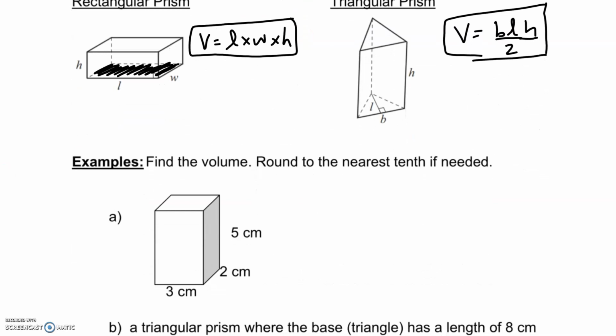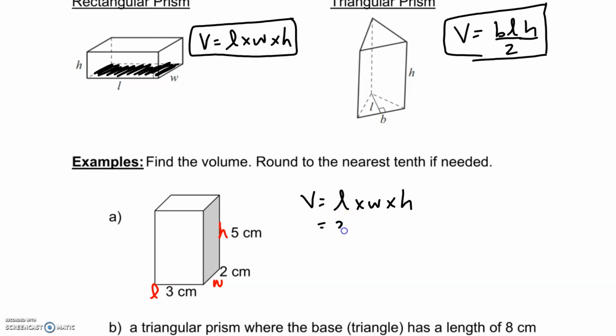It says to find the volume, round to the nearest tenth if needed. So here I have a rectangular prism, so we make sure we use the right formula. We're going to use the formula right here, length times width times height. And then we'll go ahead and sub in our values. I'm going to write an L, a W, and an H next to the numbers just so I don't get them mixed up.